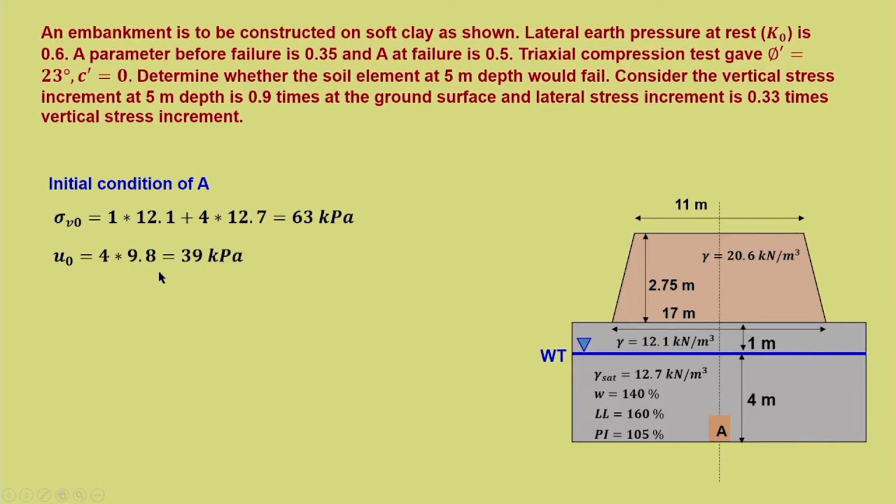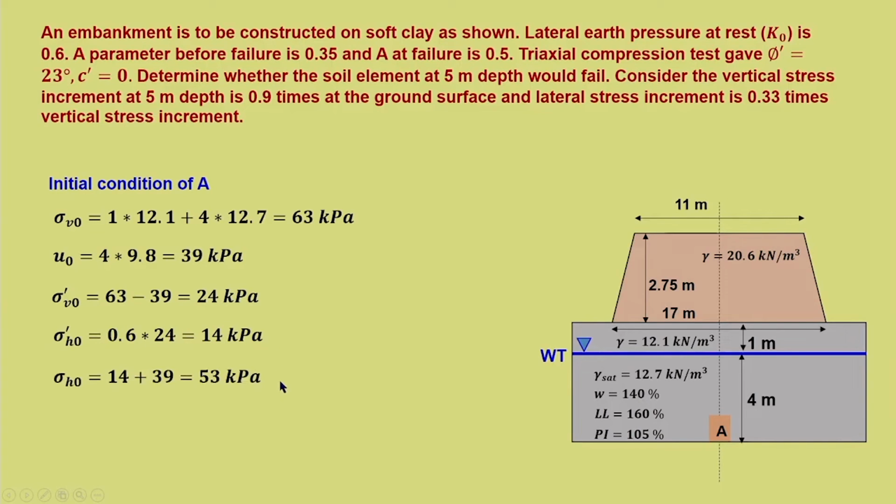So, 4 into 9.8 which is 39 kilopascal. So, sigma V naught dash is equal to 63 minus 39, it is 24 kilopascal. So, sigma H naught dash is equal to 0.6 into 24 because lateral earth pressure at rest is given to be 0.6, that will give us 14 kilopascal.